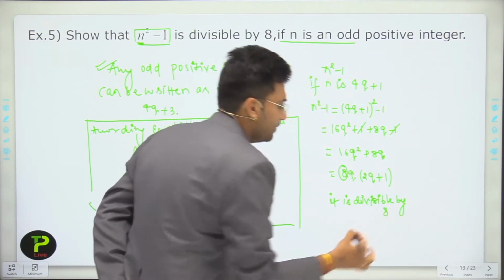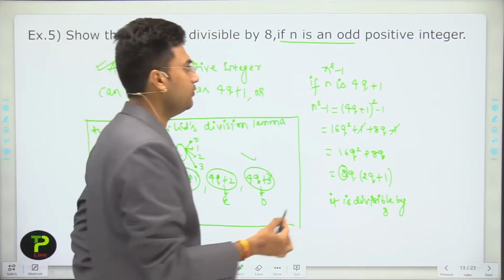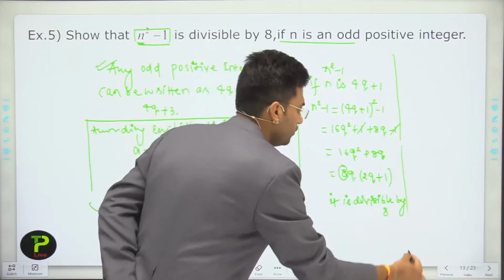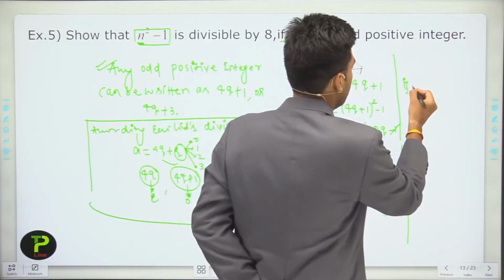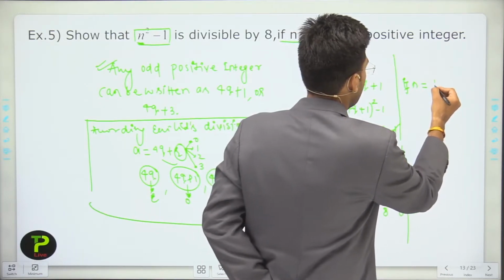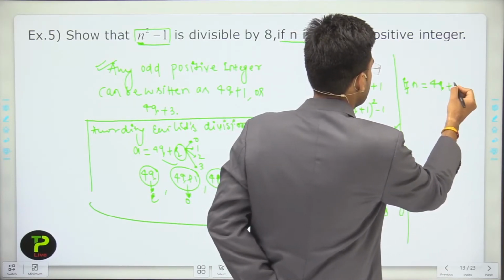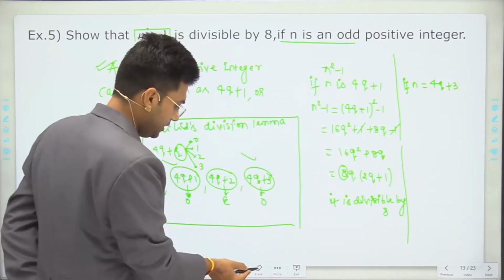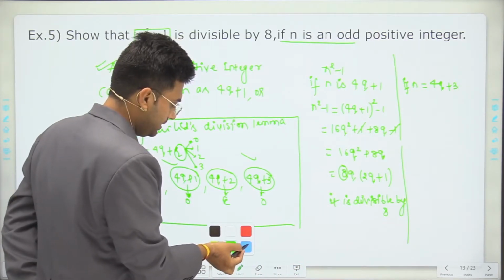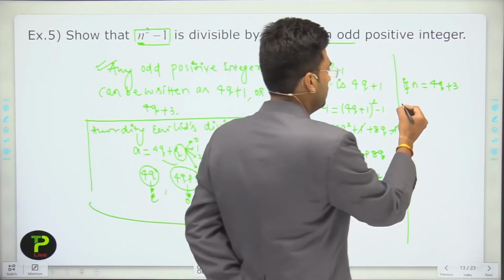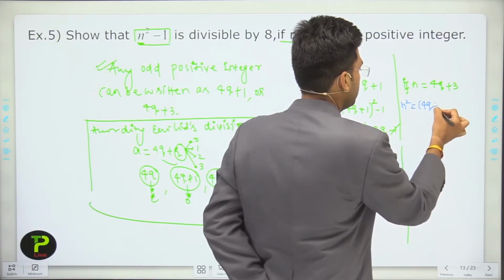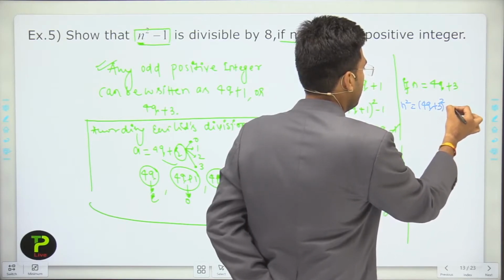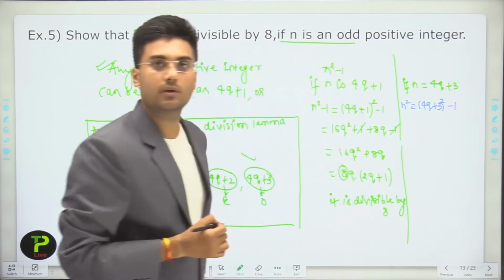Okay, now let's check for the form 4q plus 3. If n is equal to 4q plus 3, then n² minus 1 is equal to (4q plus 3) squared minus 1. Clear?